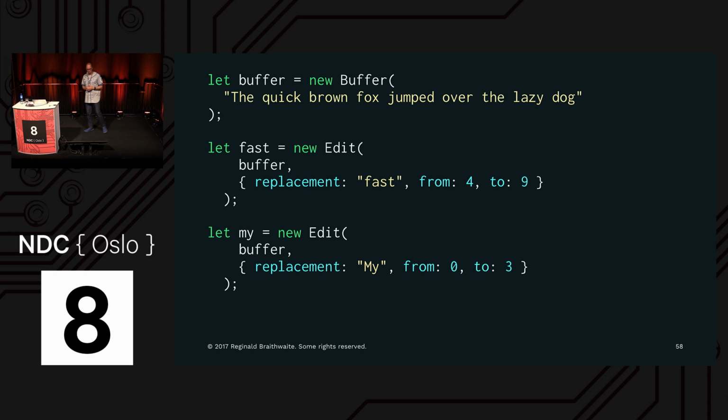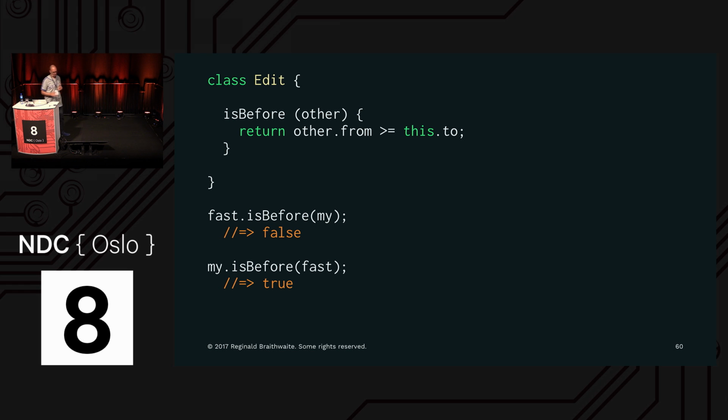So here are the edits that we were working with, our fast edit and our my edit. One of the things we can do, you recall we could inspect commands. We can ask whether one command is before or after another command.